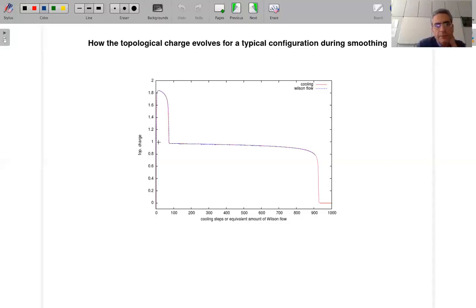No, okay. If you perform a small amount of smoothing, of course you can have ambiguities in the first steps of smoothing. It can happen that you switch from one topological sector to the other. But the important point is that there is this wide region where the topological charge is stable. What we are measuring here is the topological charge defined by the standard gluonic definition.